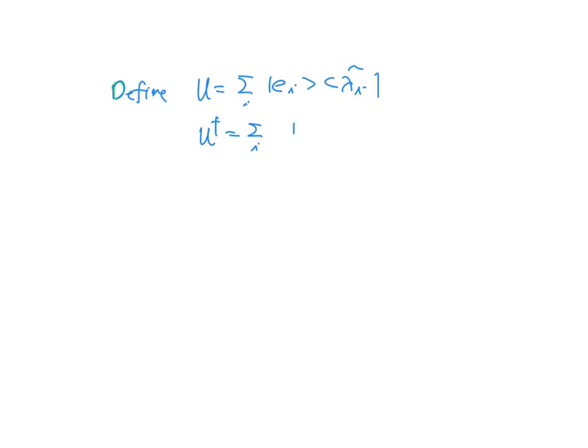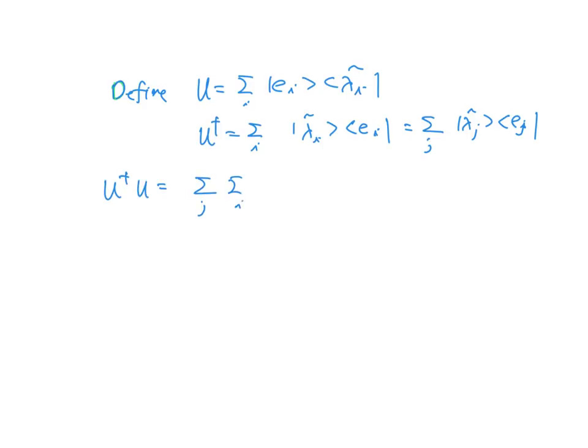If we take a joint, we just need to change. So it becomes lambda I tilde, E I. Or you can use a different index, say J: lambda J tilde, E J. So U dagger U is what?